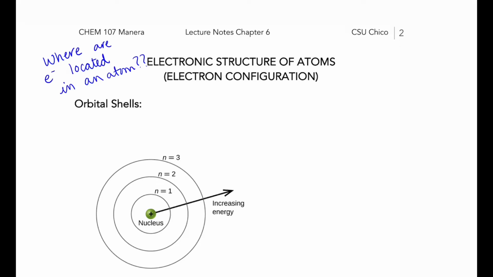Electrons behave just weirdly enough that we probably know where they are, but there's a little bit of a chance that it's not where we think it is. We can't exactly specify and pick it out. The reasons for that are beyond this class, but just know we're going to talk more about probability.